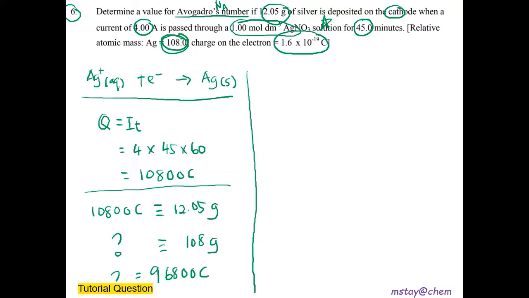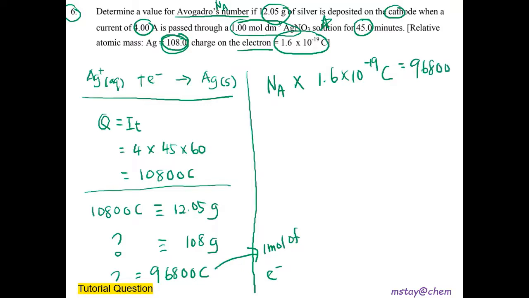Then this one is referred to 1 mole of electron, basically. So when we want to know the charge on the electron, we use the Avogadro constant multiplied with the charge on the electron, 1.6 × 10^-19 coulomb, which will equal 96800 coulomb.